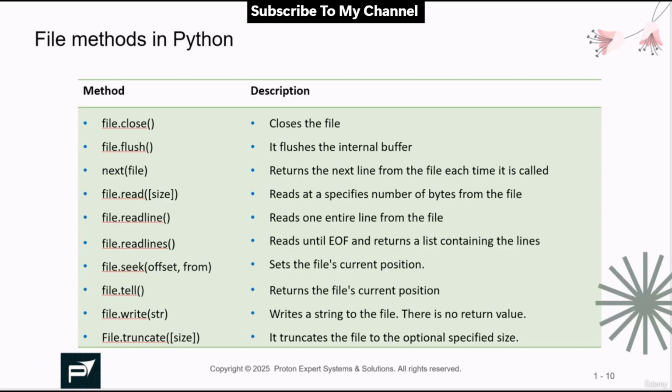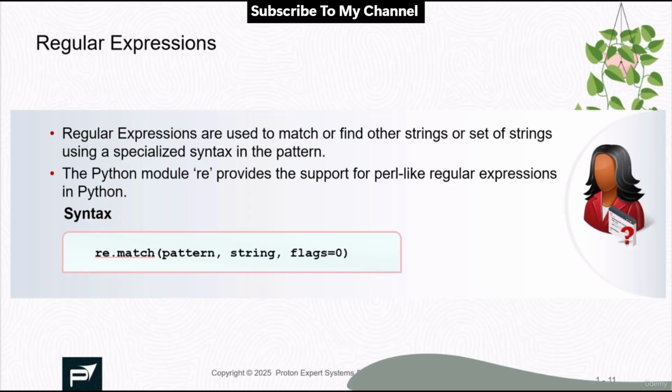Let's see what are regular expressions. Regular expressions are used to match or find other strings or set of strings using a specified syntax in the pattern. The Python module re provides the support for Perl-like regular expressions in Python. Syntax for regular expressions is re.match with pattern, string, flags equal to 0.